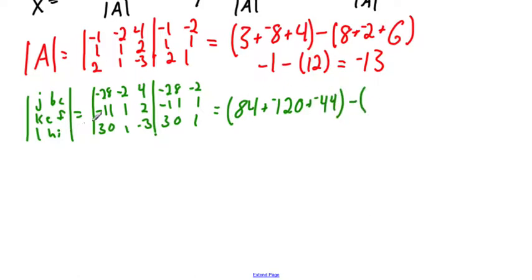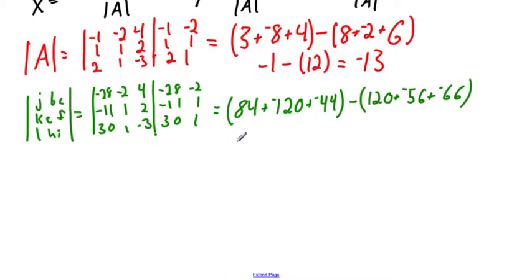And I subtract the product of 3 times 1 times 4, which is 120, plus 1 times 2 times negative 28, negative 56, plus negative 3 times negative 11 times negative 2 gives me a negative 56.